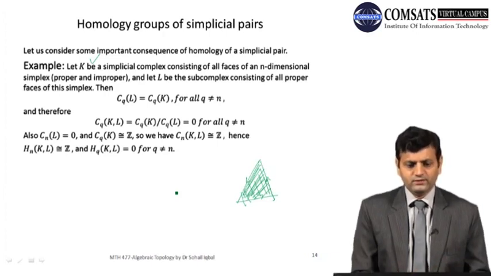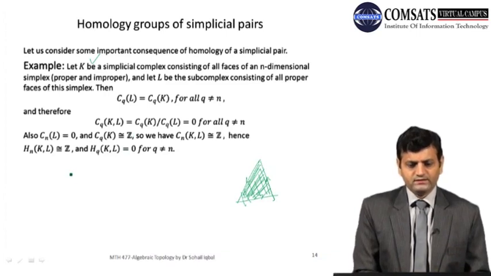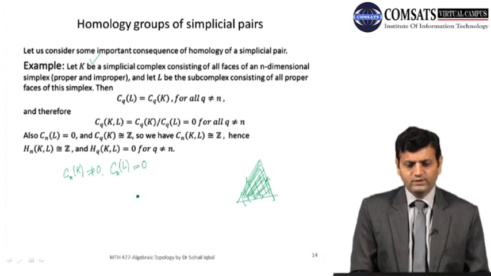So in other words, what we are saying is that Cn of K is of course non-zero, but Cn of L is equal to 0, because there is no n-dimensional simplex in L, as it contains only proper faces of K. But there is only one simplex of dimension n in Cn of K.